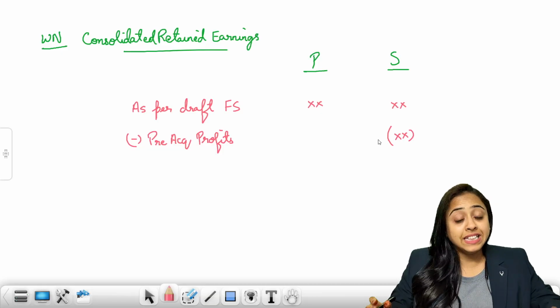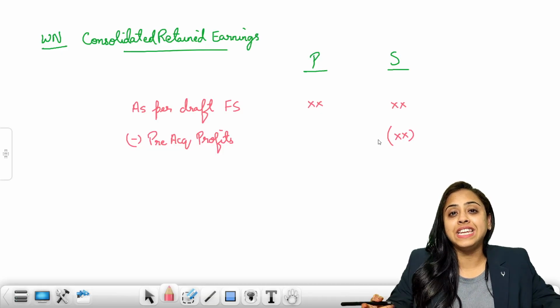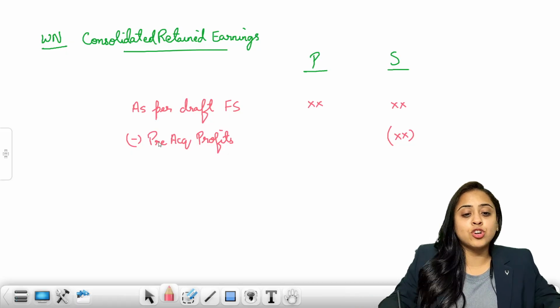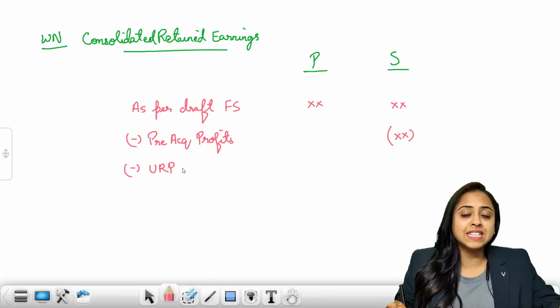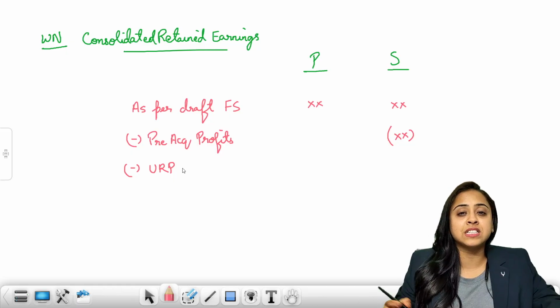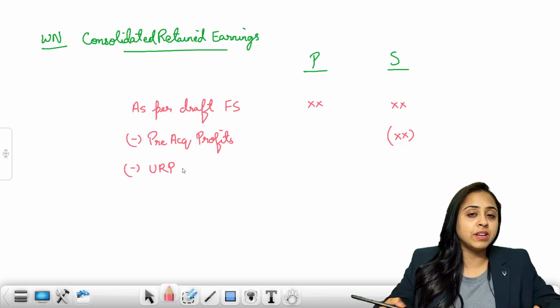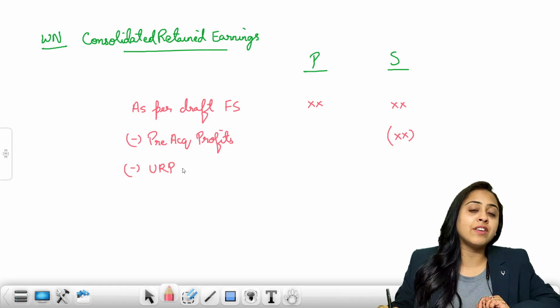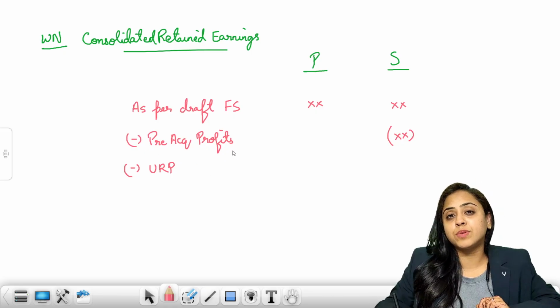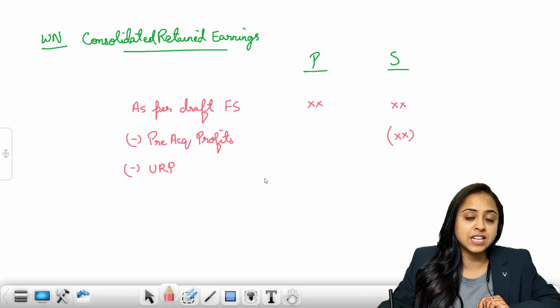Okay. Then henceforth, if there is any adjustment, let's talk about it. Let's say unrealized profit. One party says it's a profit for me, another party says it's a cost for me. As a group, it is not any income or expense, and therefore we eliminate the unrealized profit whenever there is an intra-group transaction.